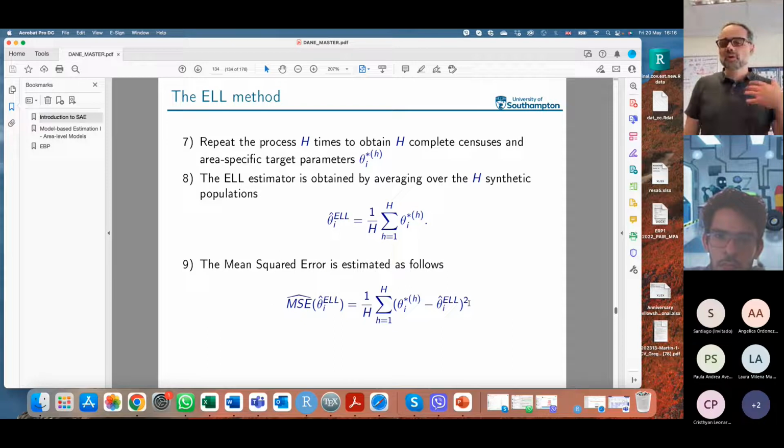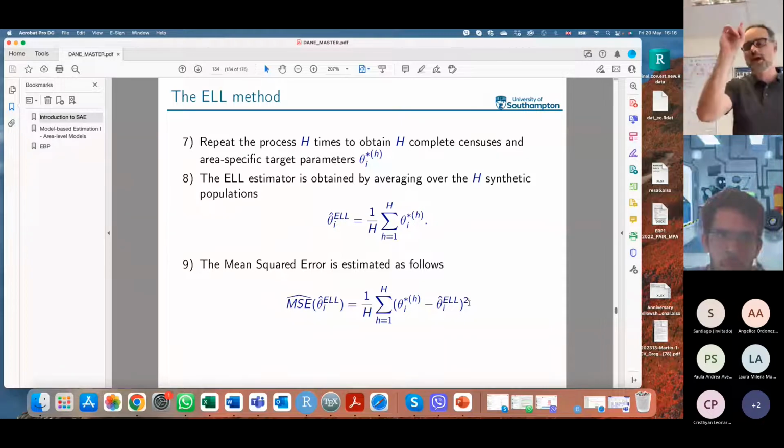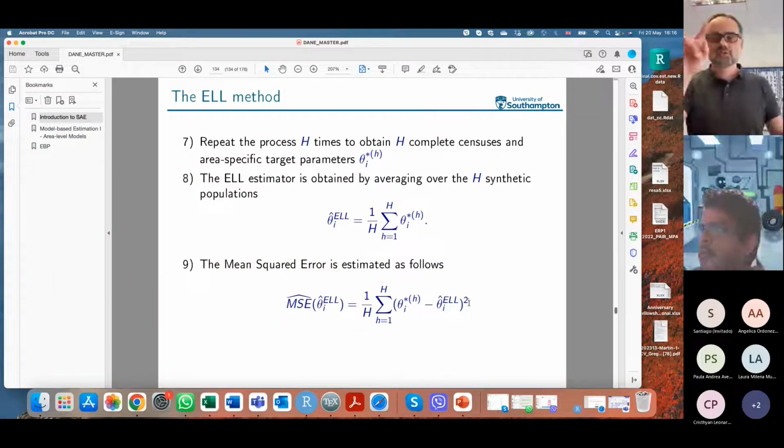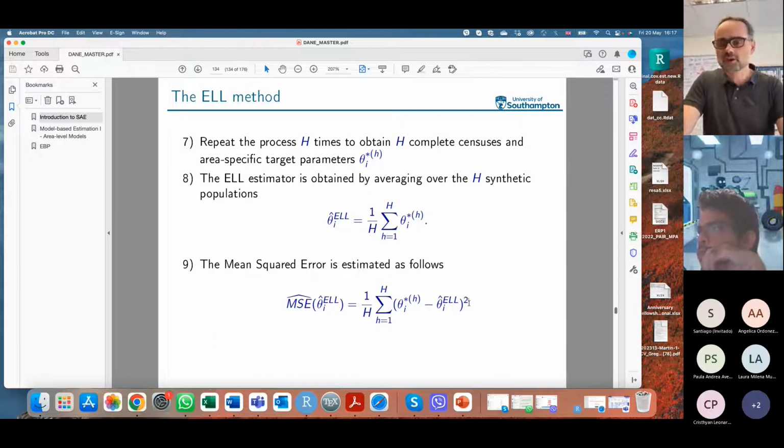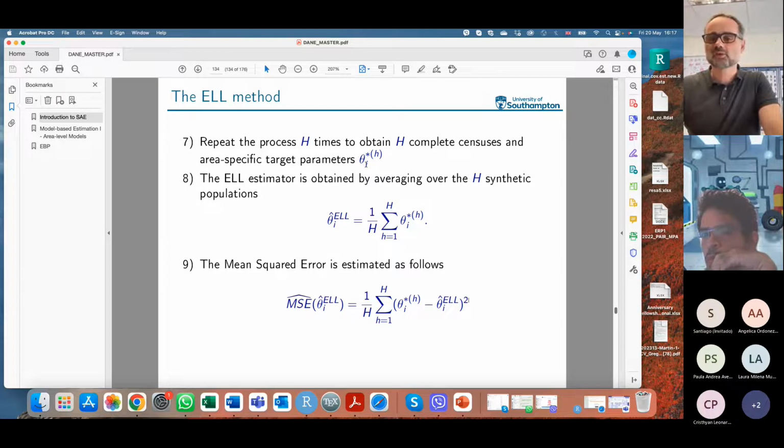Okay, so what you do then is you repeat that process many times. So instead of generating only one possible set of income census values, population values, you generate a series of censuses, maybe 1,000 censuses, as many as you wish, and each time you generate a new census, you calculate a new value of the parameter of interest, which is denoted by theta I star h.